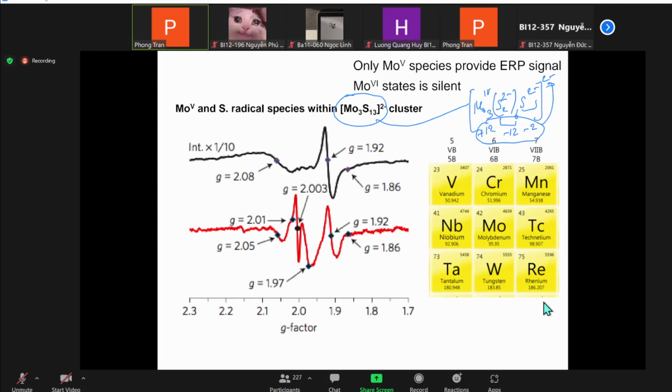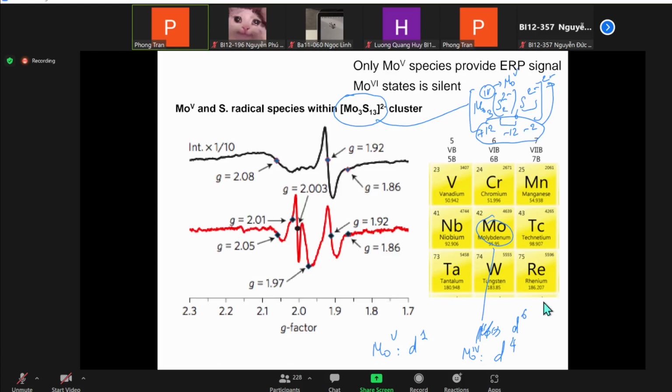And you see later that this molybdenum is Mo with d6. So if I have Mo4, I will have d4. Okay. And if I have Mo5, I will have d1. So in the case I have one molybdenum 4 become molybdenum 5, how can I keep the same two negative charge?